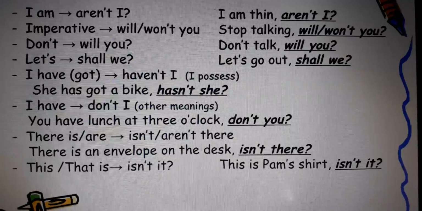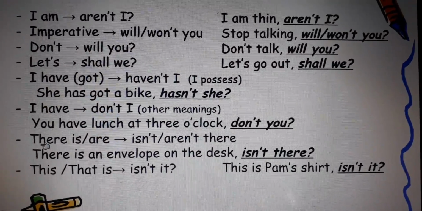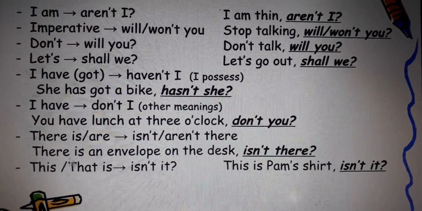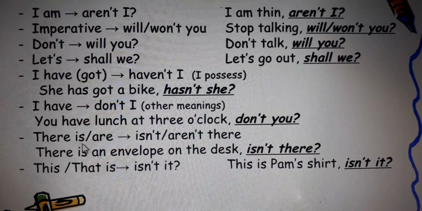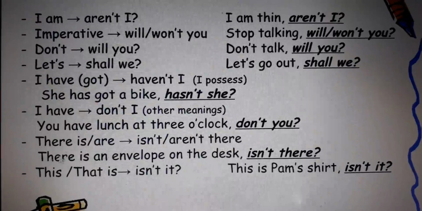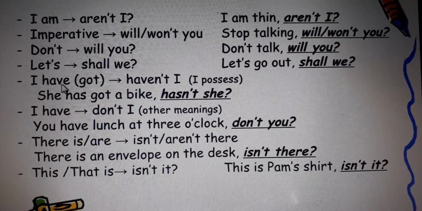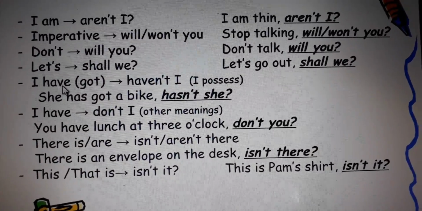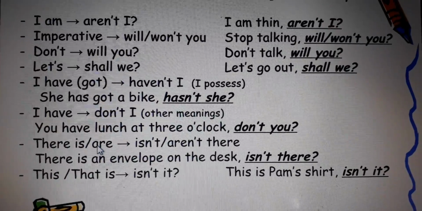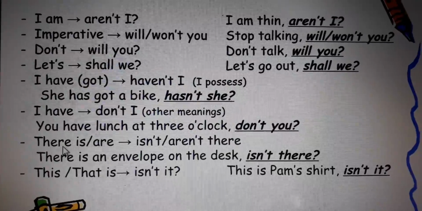Now if the subject is there is or there are, how will you provide the question tag? The question tag is formed by the helping verb and the subject, so here we are discussing some exceptional subjects and helping verbs. If there is or there are, you are going to write isn't there, aren't there.